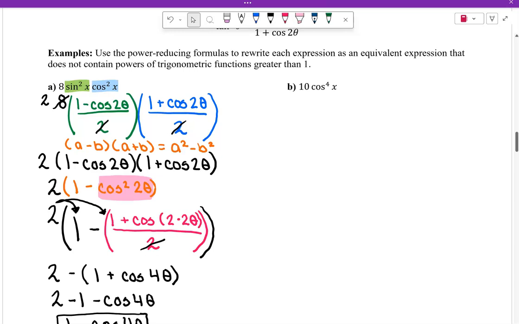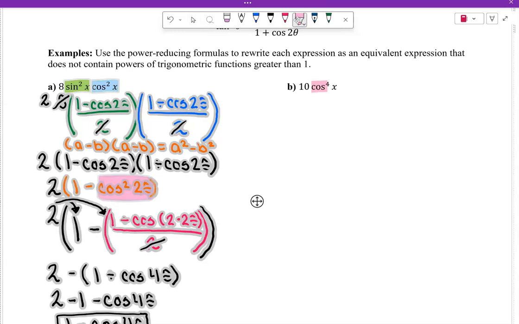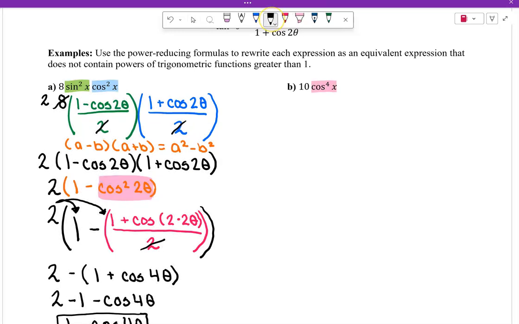So we have a cosine to the 4th. So this could actually be changed to 10 cosine squared x times cosine squared x. So now we're going to have 10.